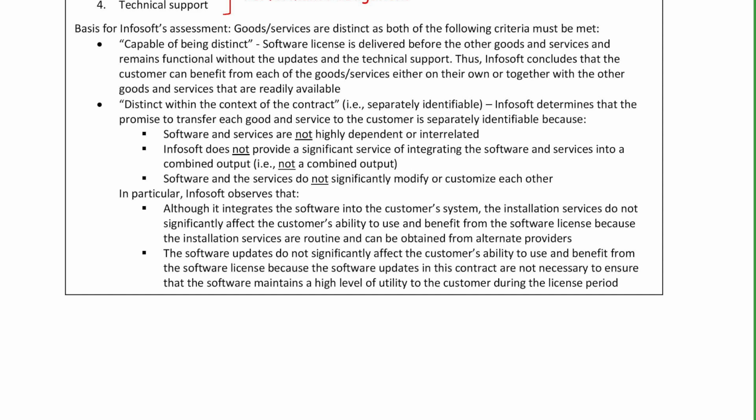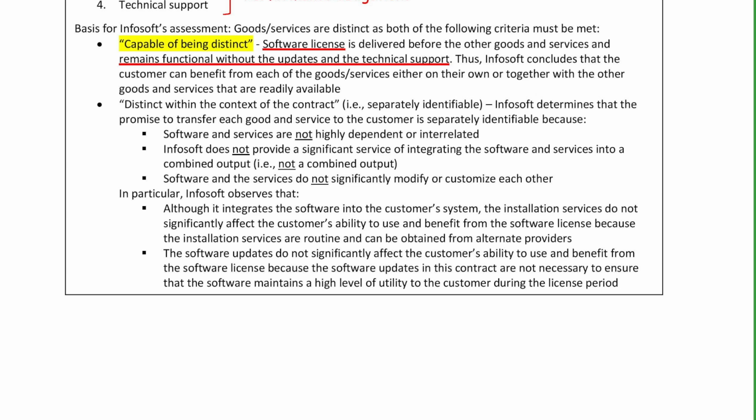So basically, in this example, we see that these goods and services are distinct as they meet both the criteria. Number one, of course, they are capable of being distinct. Underline software license is delivered before the other goods and services, and underline remains functional without the updates and the technical support.